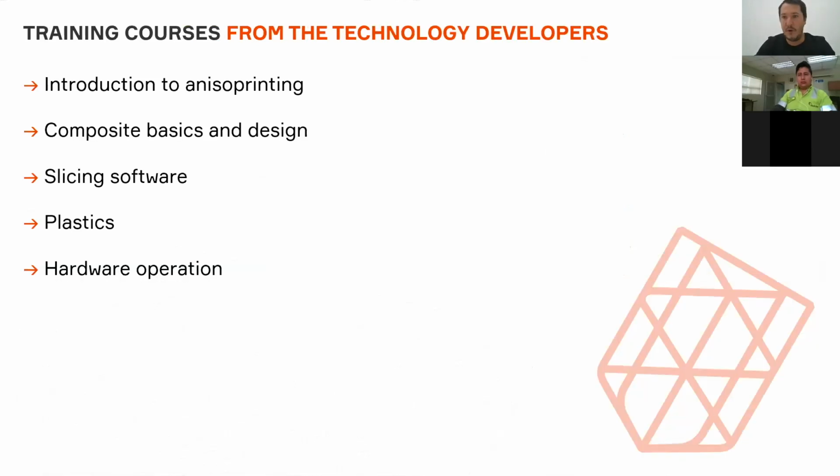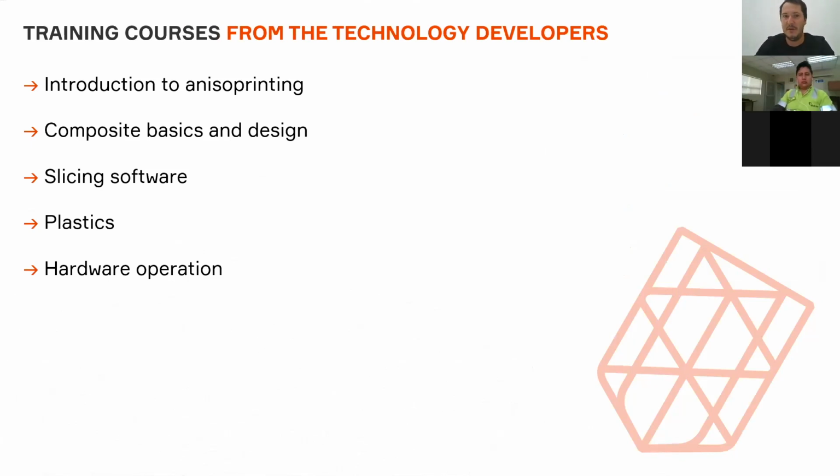The fourth part, we believe a very important part, is the education, the training courses that we have developed for our users. The training courses are divided into 3 levels.